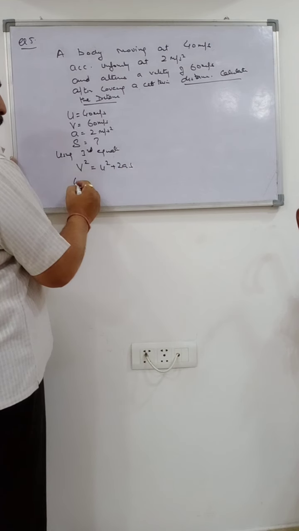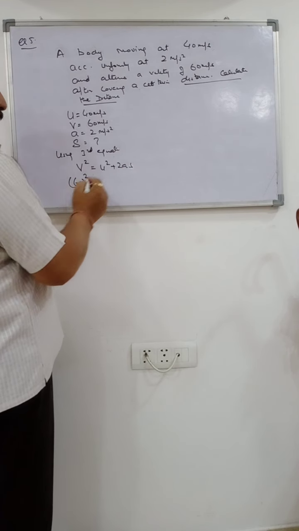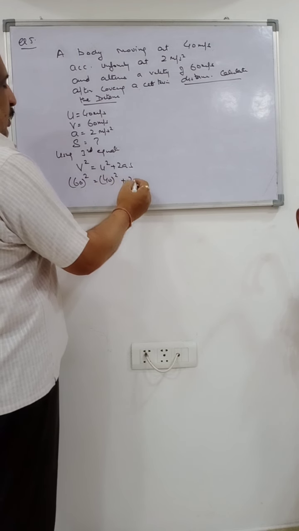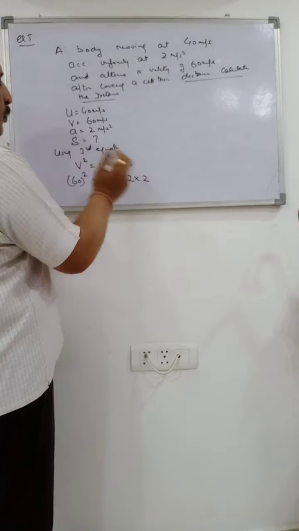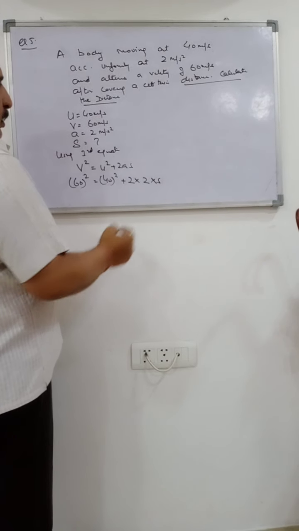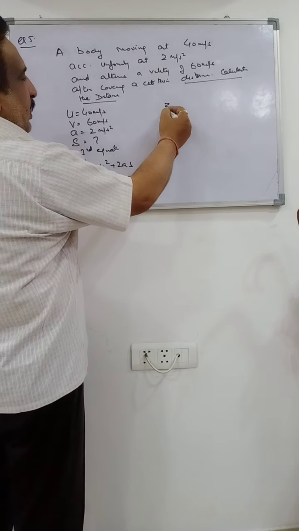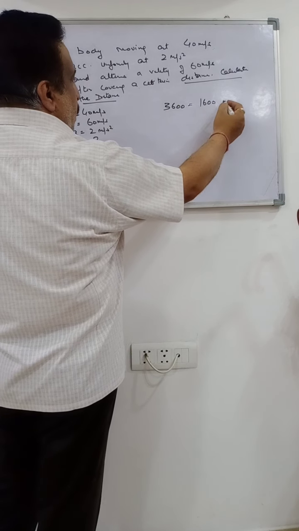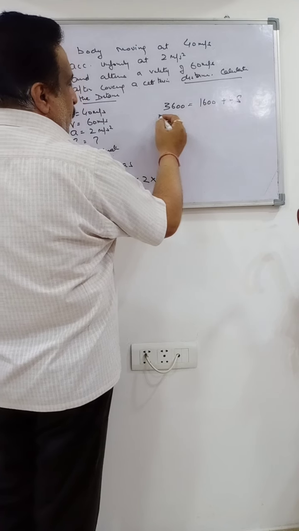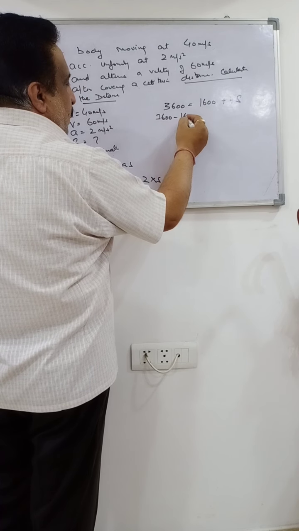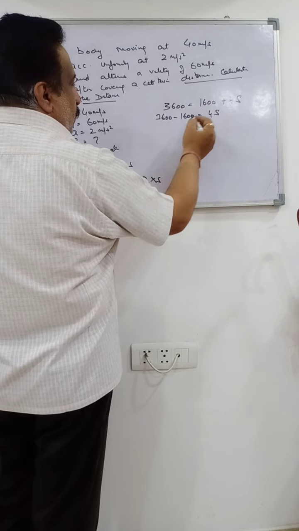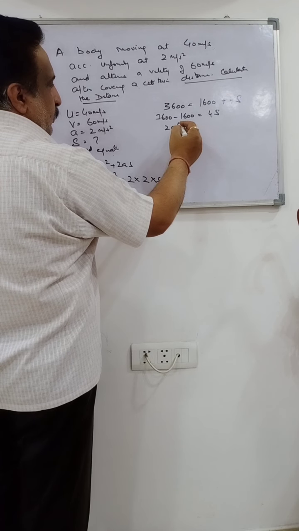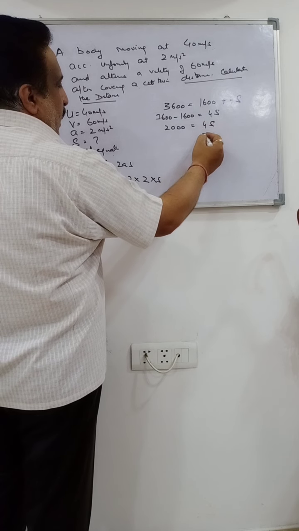What is V? 60 का square is equal to U का square, 40 का square plus 2 into acceleration is 2 into S. So that 60 का square होता है बेटा 3600 is equal to 1600 plus 4S. 3600 minus 1600 is equal to 4S. 2000 is equal to 4S.